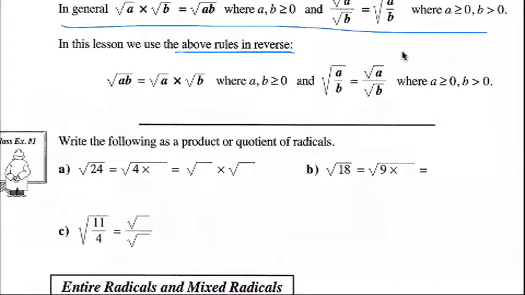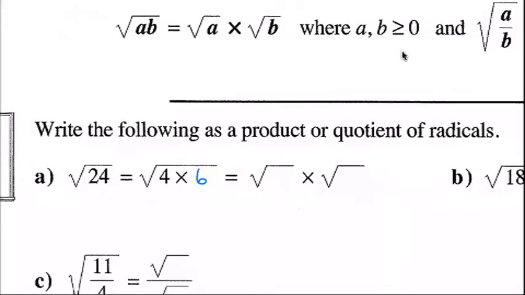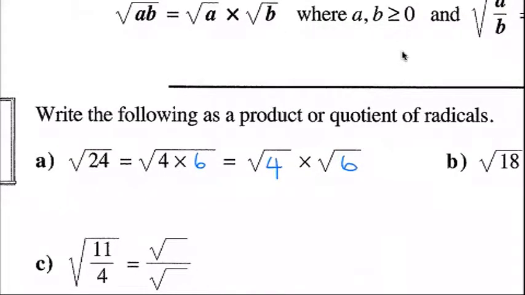Square root of 24 is also the square root of 4 times 6, which is also the square root of 4 times the square root of 6. Now, we know that the square root of 4 is equal to 2. So this could also be written as 2 root 6, or 2 times the square root of 6, but we never write that multiplication symbol in there.